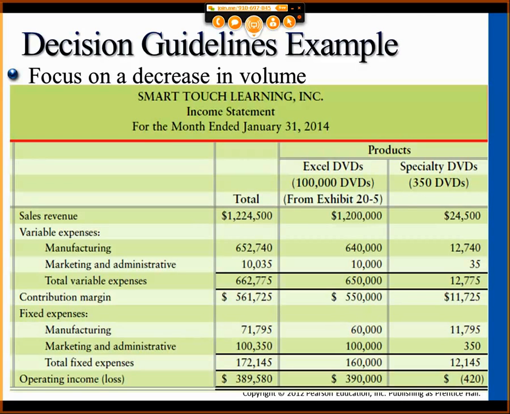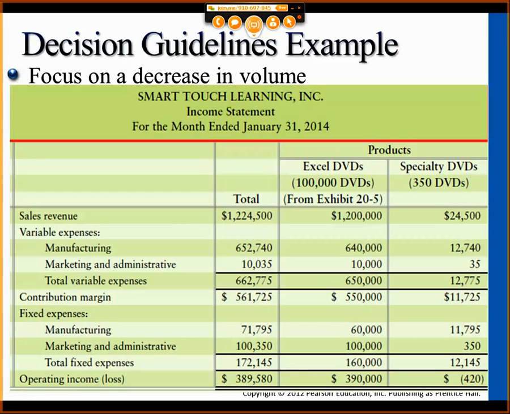So what is the difference here between our regular Excel DVDs and the specialty DVDs? What are we going to look at to make a decision? Well, first, you'll notice your operating income for the regular DVDs is $390,000, and for specialty DVDs it's a loss of $420.